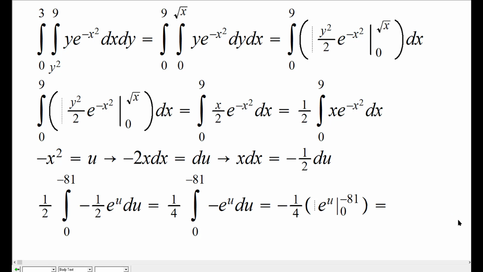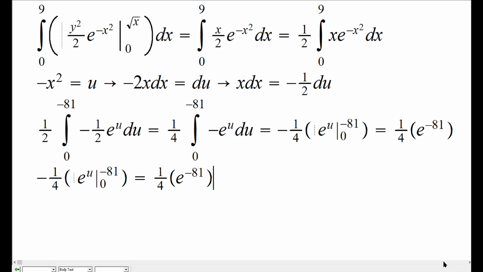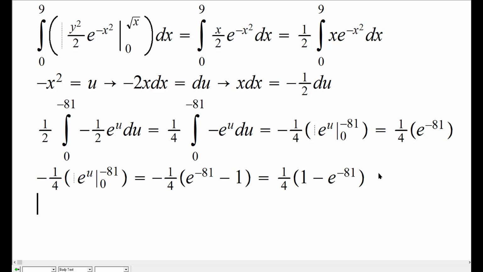So then you have negative here, and for the lower limit what we shall have is a 1. So what will the answer be? 1/4 times e to the 1 minus e to the negative 81. All right, so let me know if this doesn't make sense. Okay.